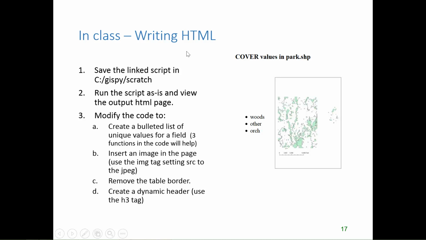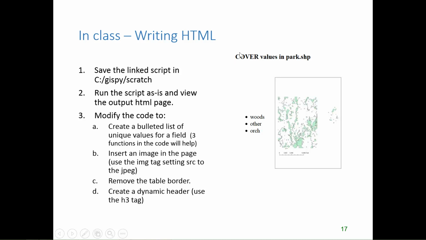So the idea of this is you're going to take a real data set and you're going to find all of the values of one of the fields in there, and then you'll find the unique values of that field and create a bulleted list of those unique values, and you'll take a screenshot that is provided for you and link to that screenshot.